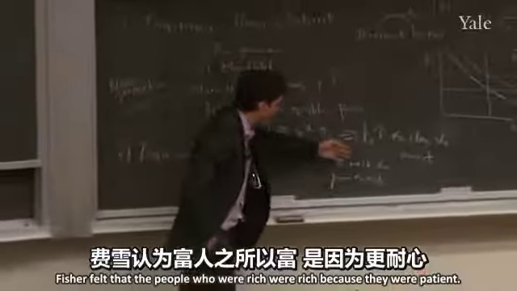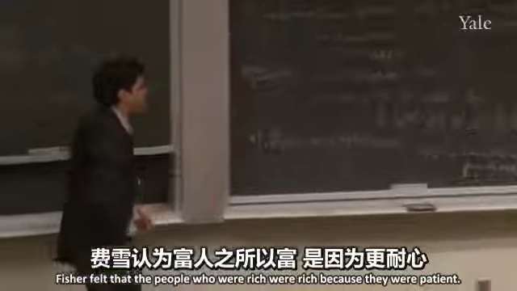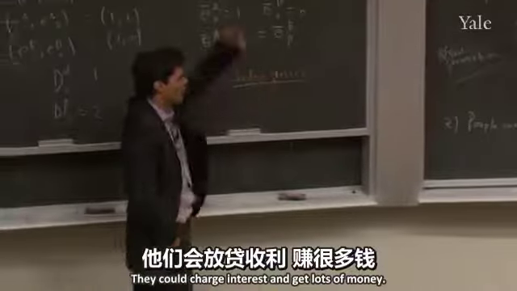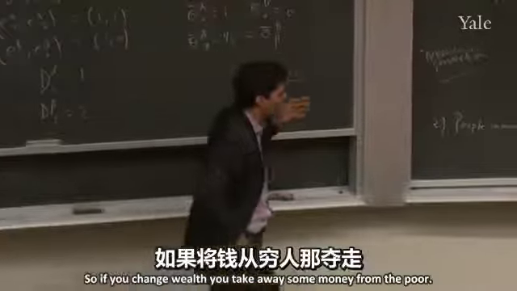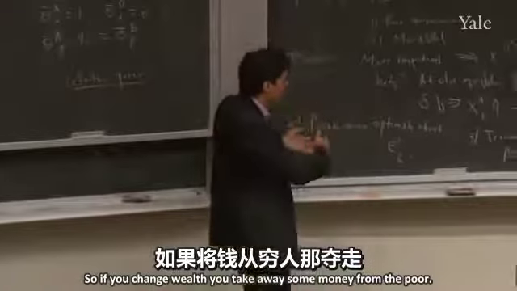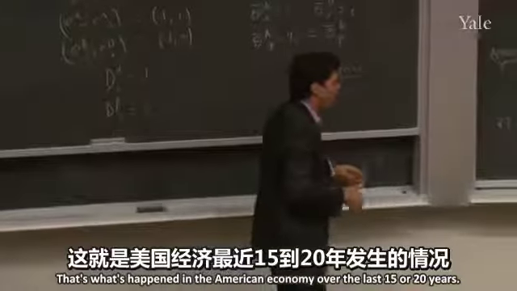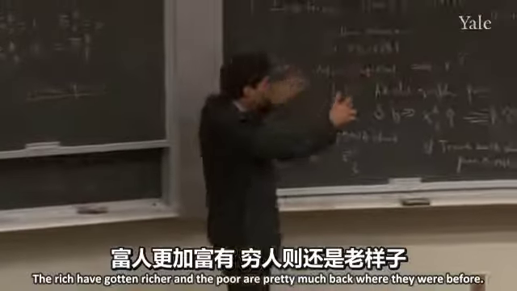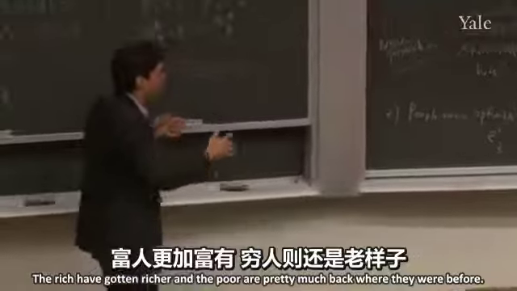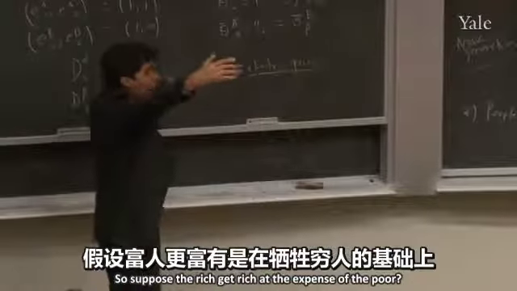Fisher felt that the people who were rich were rich because they were patient. They could charge interest and get lots of money. So if you change wealth, you take away some money from the poor. That's what's happened in the American economy over the last 15 or 20 years. The rich have gotten richer, and the poor are pretty much back where they were before. So suppose the rich get rich at the expense of the poor.